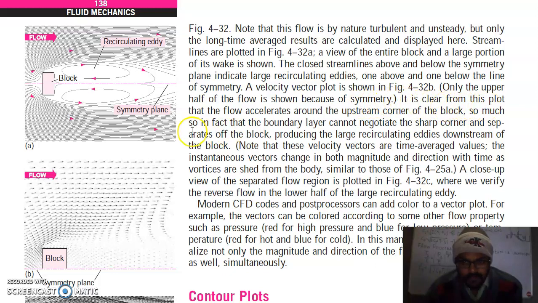It is clear from this plot that the flow accelerates around the upstream corner of the block so that in fact the boundary layer cannot negotiate the sharp corner and separates off the block. You can see here, it is almost as if the flow had separated from the block. You can see here in this plot.